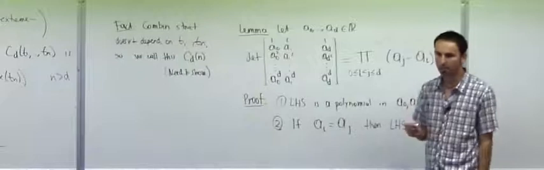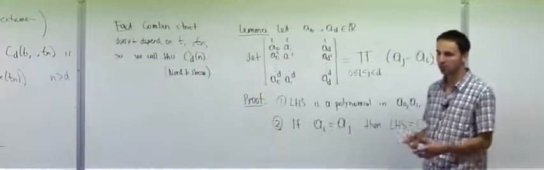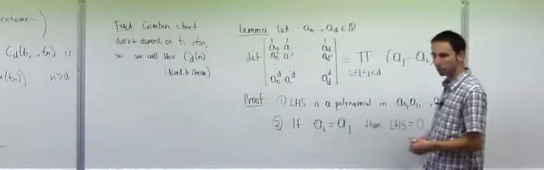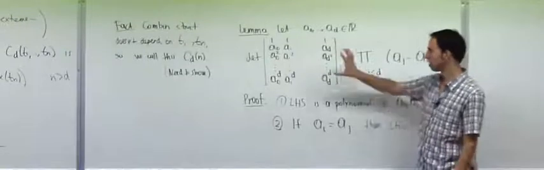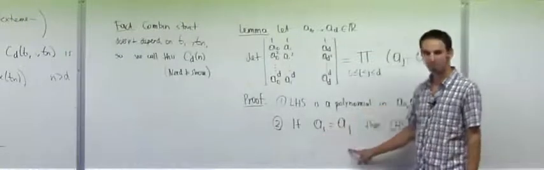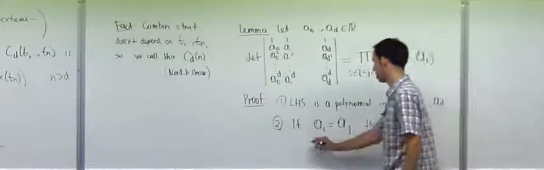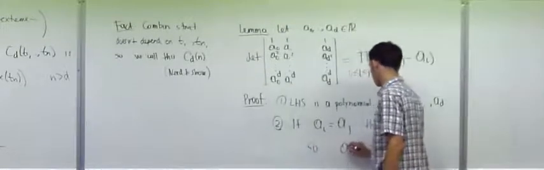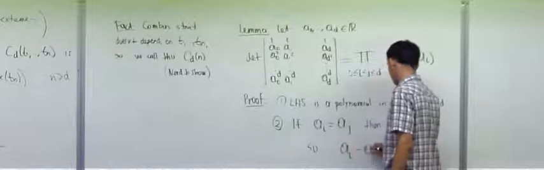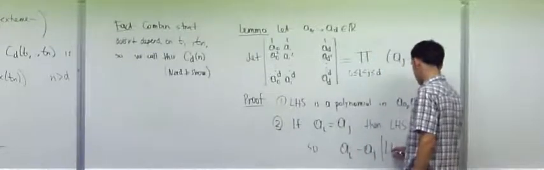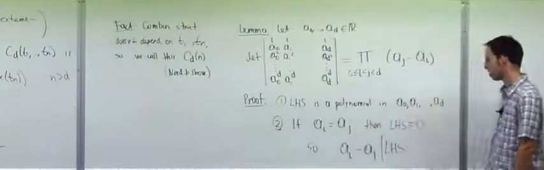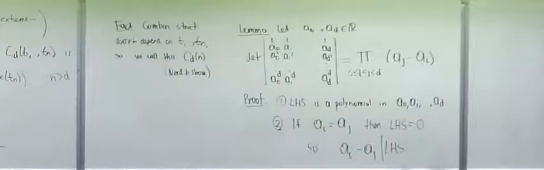And you know for polynomials that the only way for this to happen is if this is a multiple of ai minus aj. So ai minus aj divides the left-hand side. But that's true for any i and j.